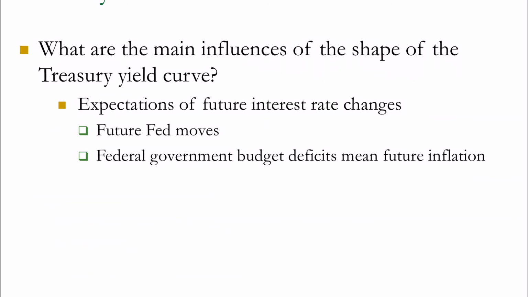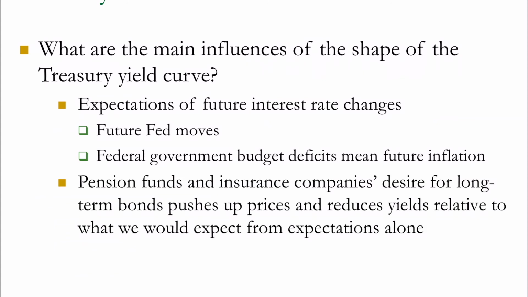So this is combining not just interest rates, but also inflation. And then also, pension funds' and insurance companies' desire for long-term bonds actually pushes up prices and reduces yields relative to what we would expect from expectations alone. Okay, so this is in reality what happens with our yield curve.